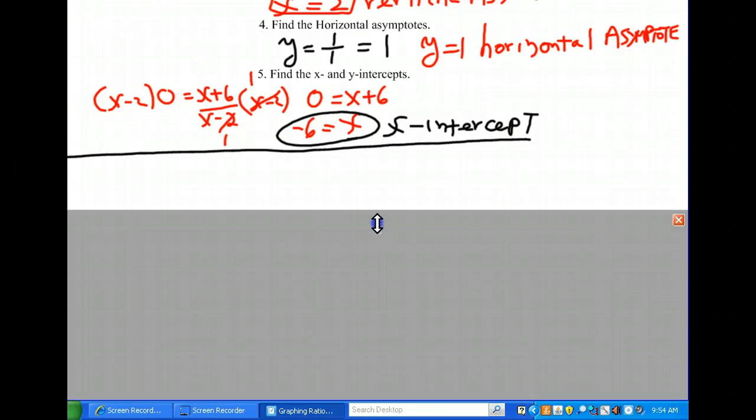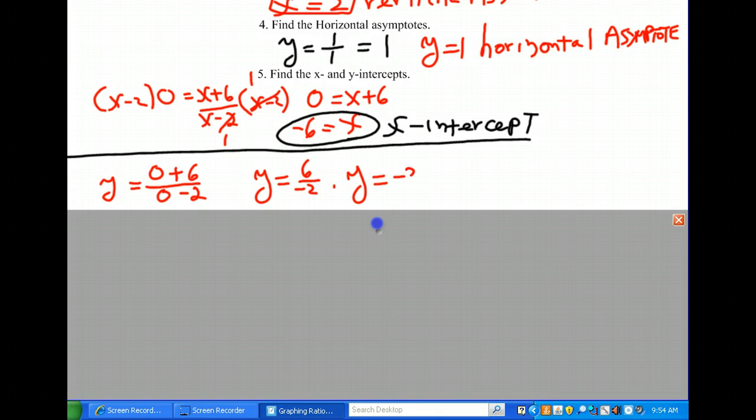And if we say 0 plus 6 over 0 minus 2, we finally get y is equal to 6 over negative 2, and therefore y is equal to negative 3. And therefore our y-intercept is at negative 3.